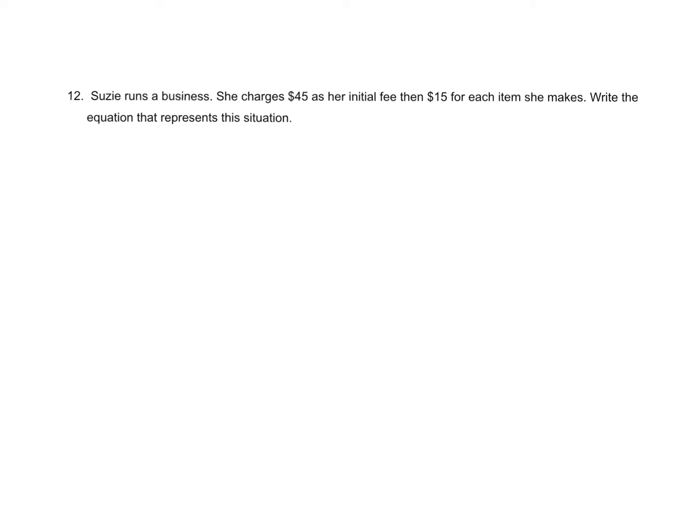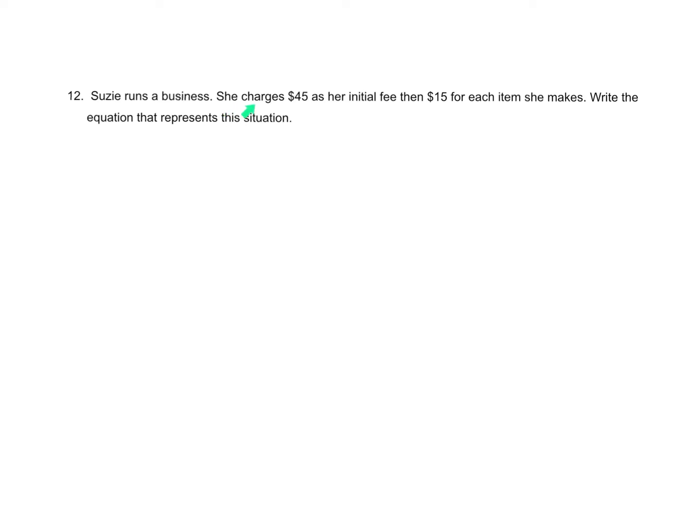Okay, let's take a look at this question here. Number 12 says, Susie runs a business. She charges $45 as her initial fee, then $15 for each item she makes. Write the equation that represents this situation. Okay, so basically what we have is her slope here, or her constant rate of change, is that she charges $15 for each item she makes.